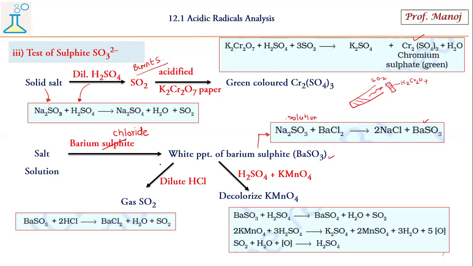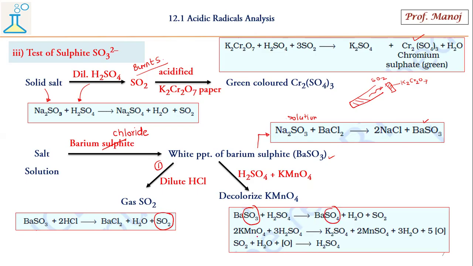This precipitate is divided in two portions. Portion number 1 is treated with HCl. Very simple reaction: BaSO3 with HCl gives you sulfur dioxide gas. On the other hand, if it is treated with KMnO4, first sulfuric acid converts SO3 into SO4.